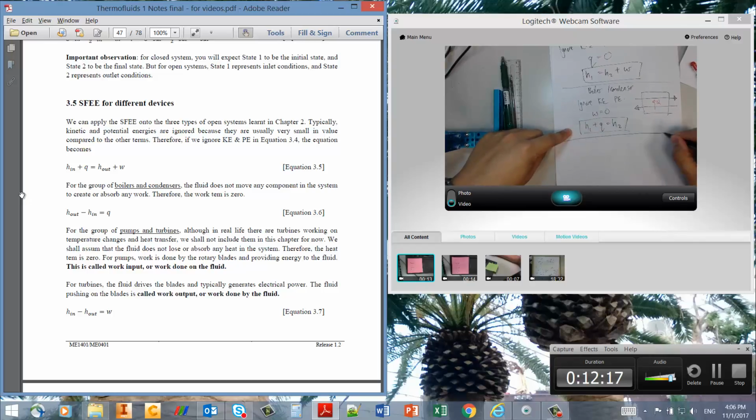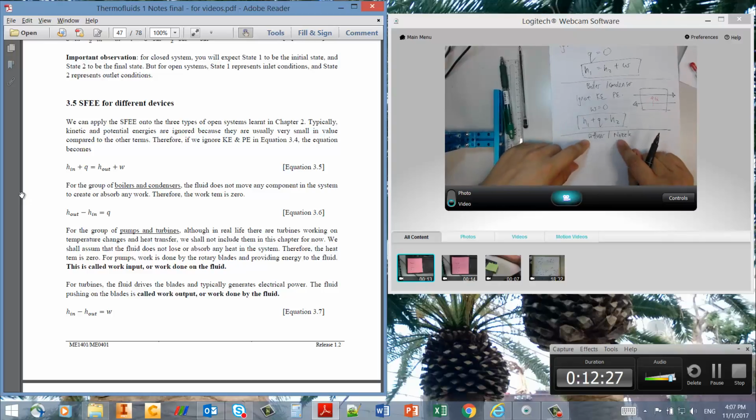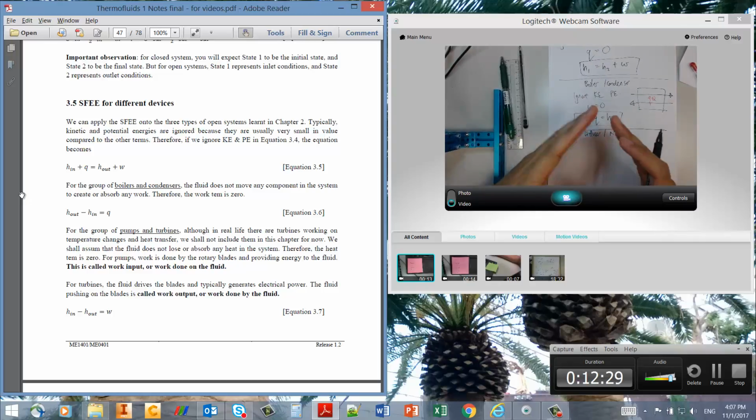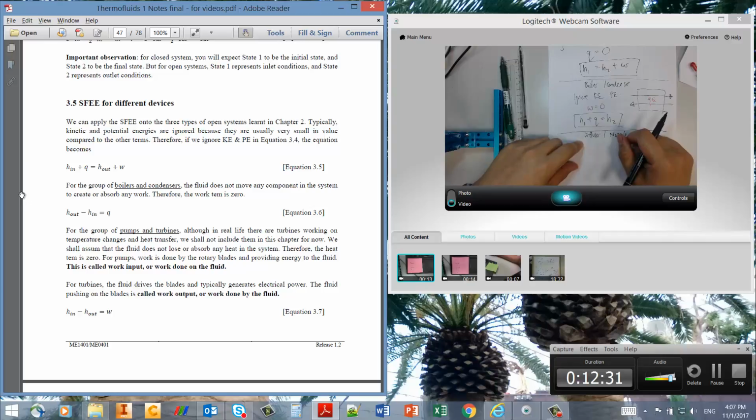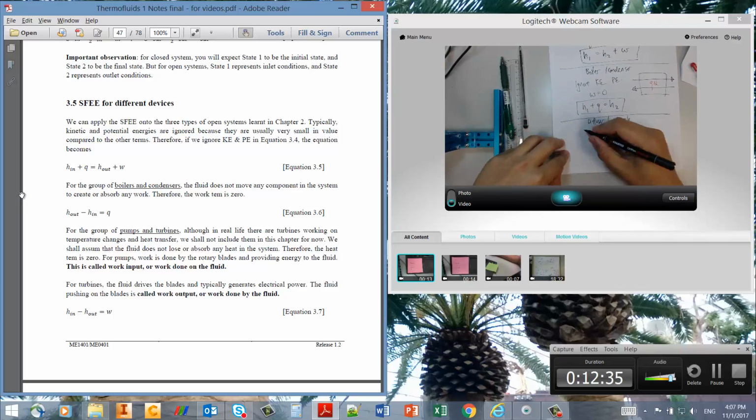And the last class of system, your diffusers and nozzles. The primary function of this system is to speed up or slow down the flow. So you cannot ignore the kinetic energy changes. You can only ignore potential energy.